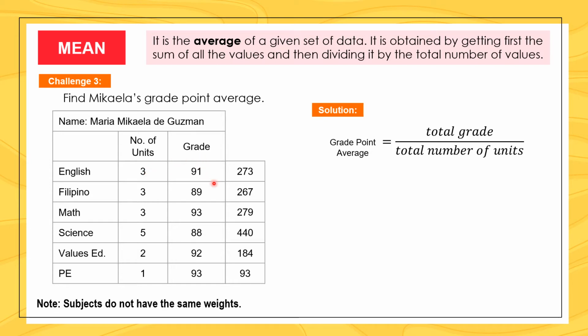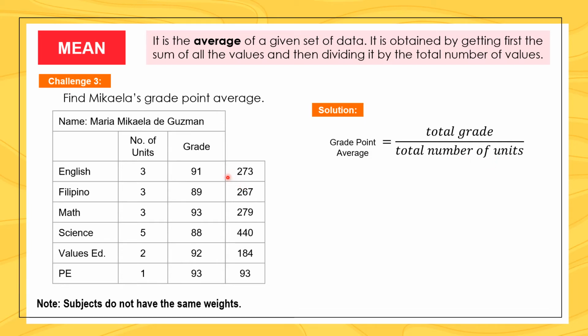So we have 3 times 91, that's 273, plus 3 times 89 is equal to 267. So we need to fill up this column here. After filling this up, we could now proceed to adding the grades. The total grade here will be divided by the total number of units.